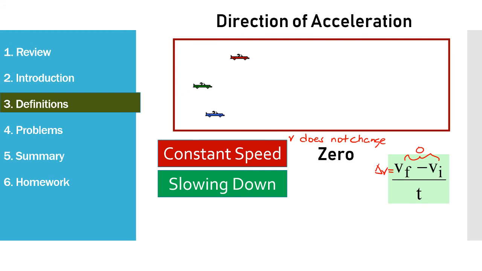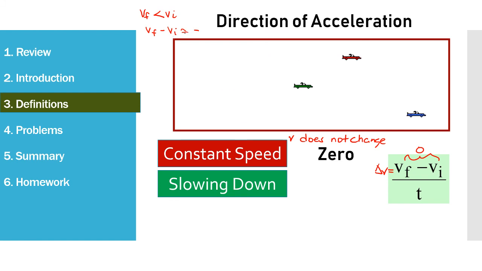What about if you're slowing down? Well, if you're slowing down, that means that your final velocity will be less than your initial velocity because you're slower than when you started. If final is less than initial, then if you were to subtract Vf minus Vi, you would get a negative because Vi is actually bigger. Okay?